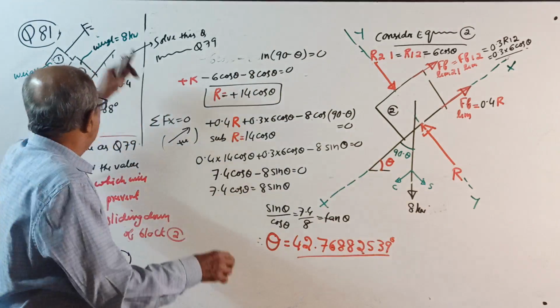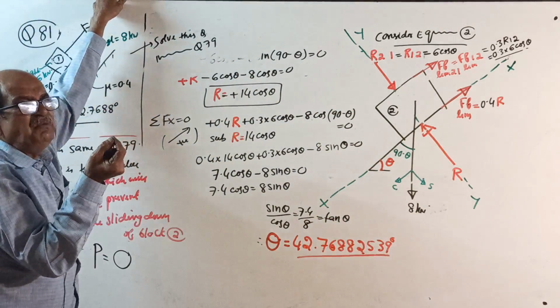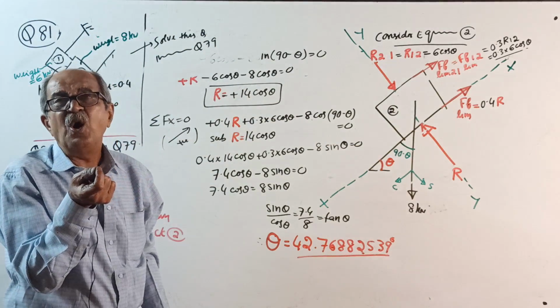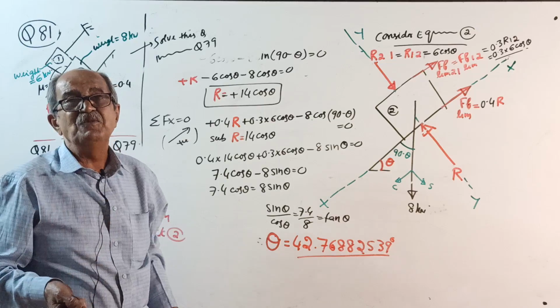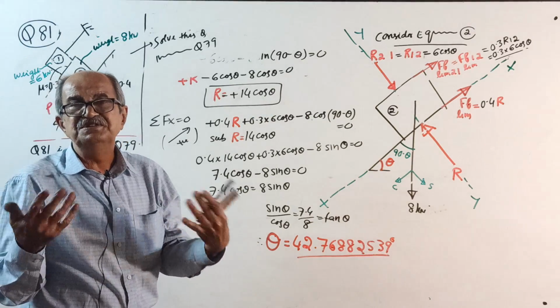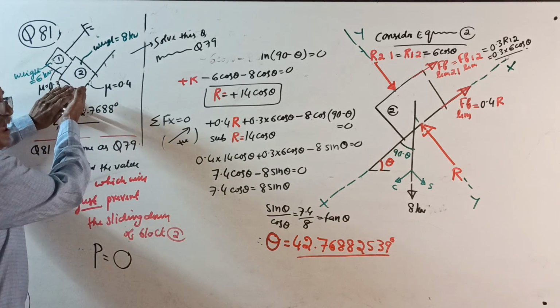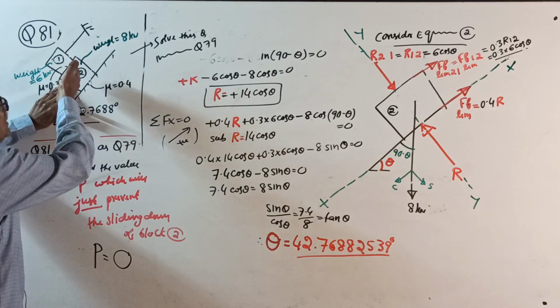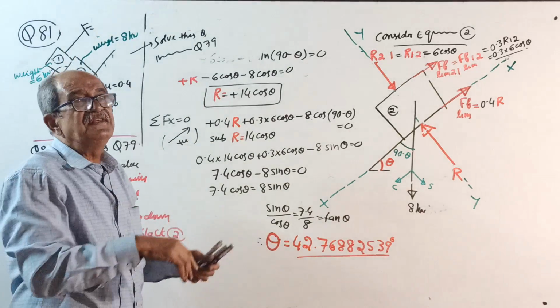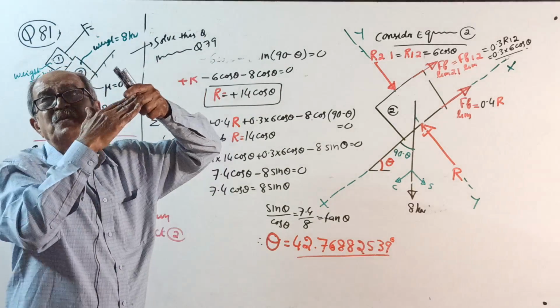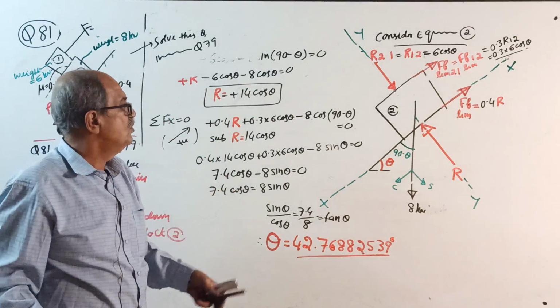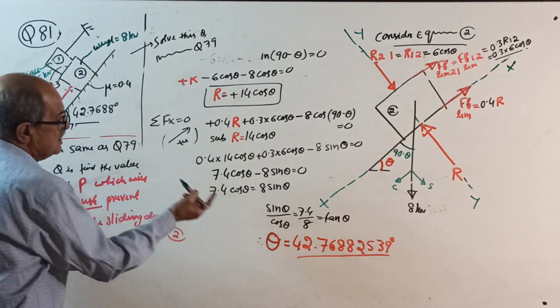So if you get P a very, very small value, 0.00 something, with negative sign, or okay, almost 0, because the system is already not sliding down. It's on the verge of sliding down. See, when it slides down, then you require P to prevent it. Now no sliding down. Okay, solve the question, check for you.